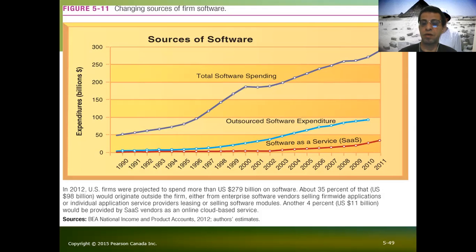When it comes to software as a service, it's a little bit behind, but it's moving. The outsourced software expenditure is ahead, but now we see moving toward software as a service, which is SaaS, and the total spending, as we said, is around $300 billion so far in 2011.